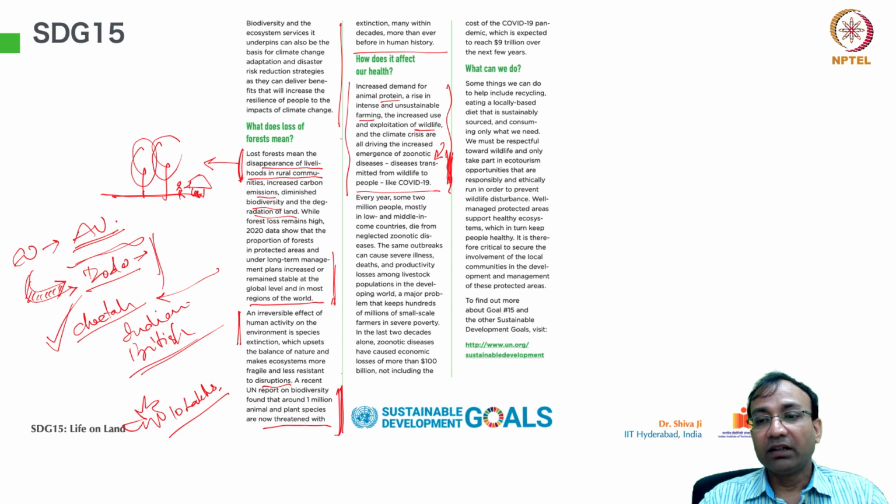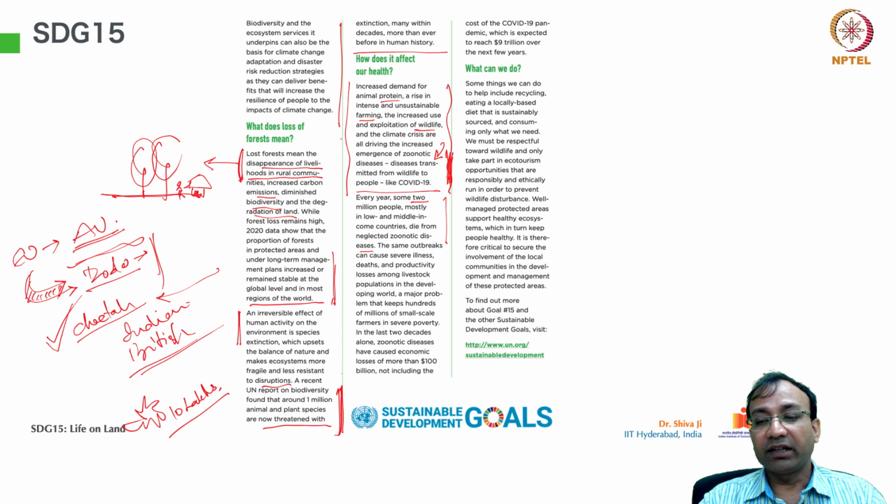Every year some 2 million people, mostly in low and middle income countries, die from neglected zoonotic diseases. This is the number, 2 million, low and middle income countries. The same outbreaks can cause severe illness, deaths, and productivity losses among livestock populations in the developing world, a major problem that keeps hundreds of millions of small scale farmers in severe poverty.